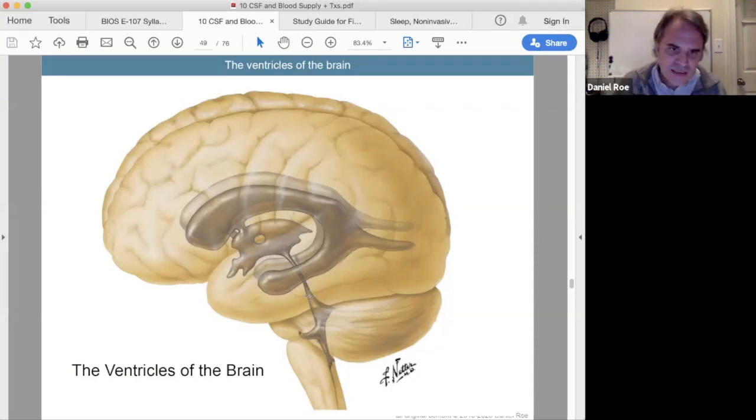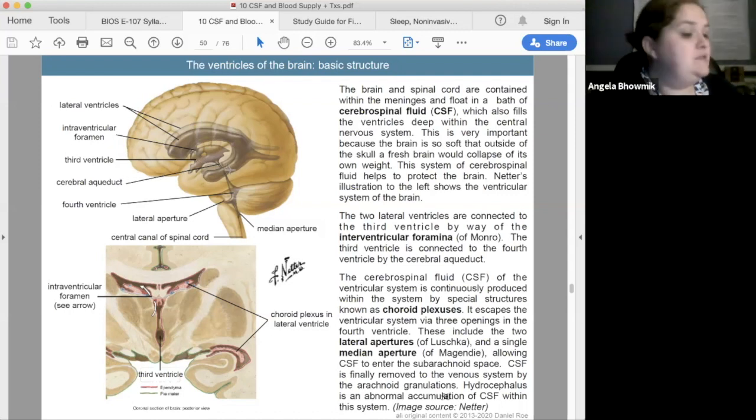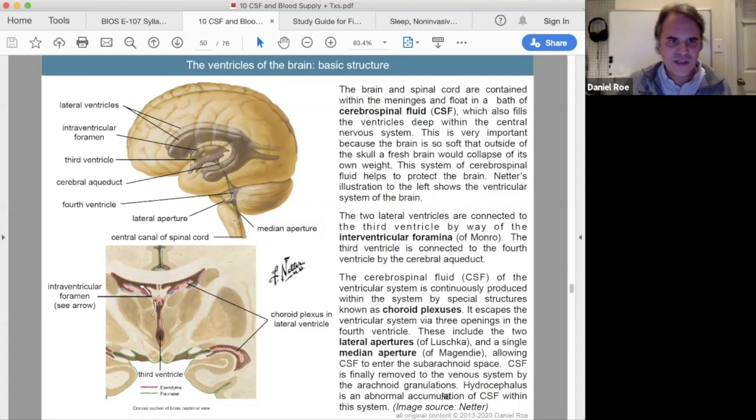Cerebral aqueduct goes down to the fourth ventricle down here. And then we have some lateral foramen and a single medial foramen that CSF escapes, or apertures we call them. Lateral aperture and median aperture. So here's labeled the lateral ventricles, intraventricular foramen, third ventricle, cerebral aqueduct, all the stuff that I was just talking about in this lateral view.